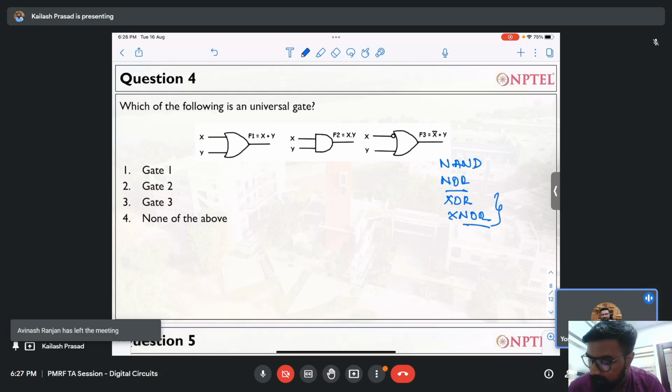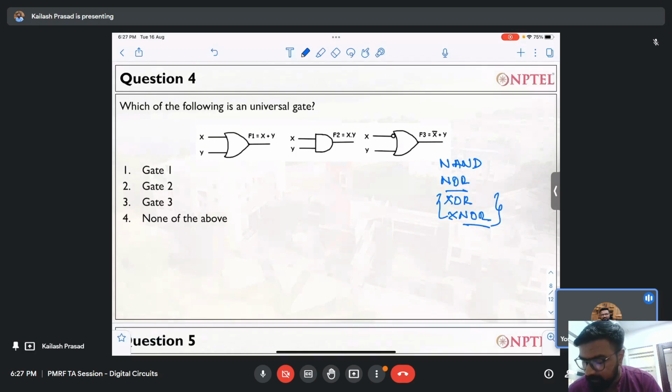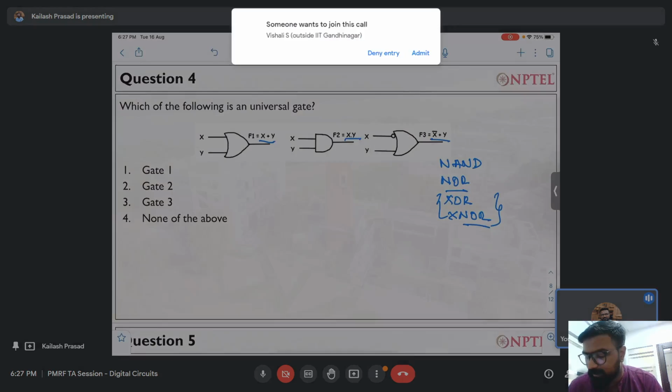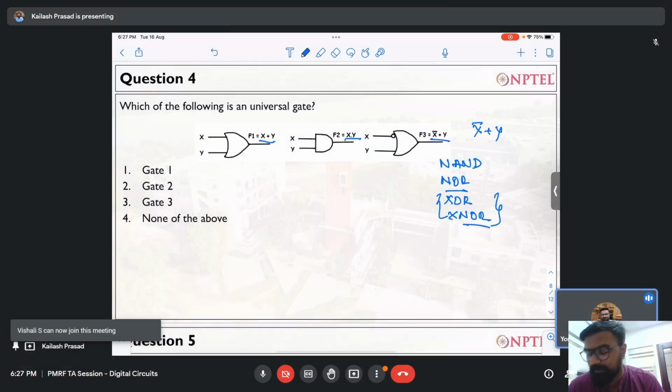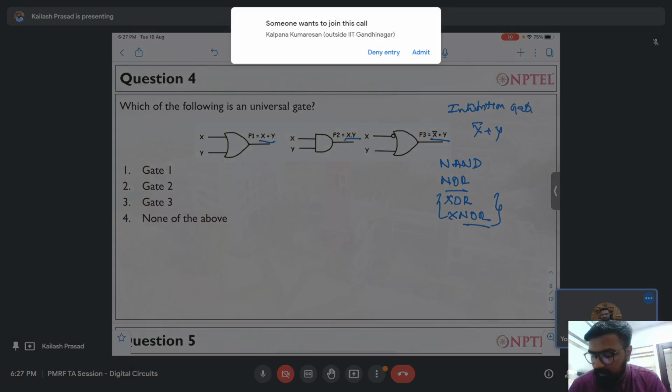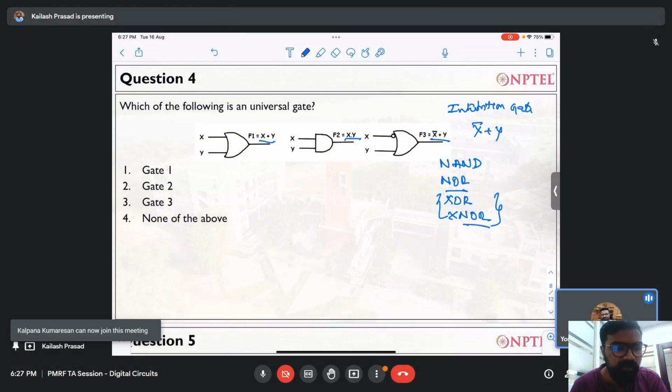You have to tell me. But before that, here I have three options, A, B, and C. The first one is an OR gate. The second one is an AND gate, and the third one is X bar Y. If you search in literature, it is called an inhibition gate. Can anybody tell me which one of these is a universal gate, or is the answer four?